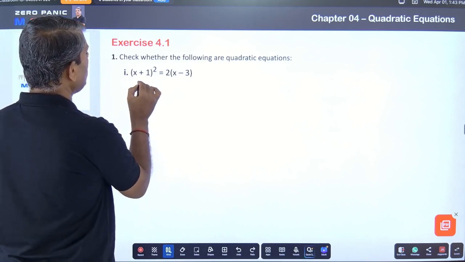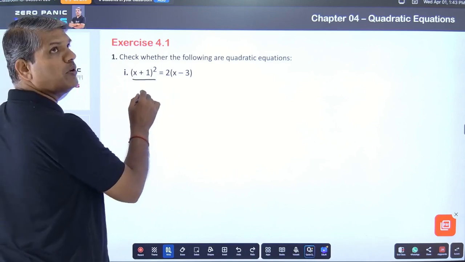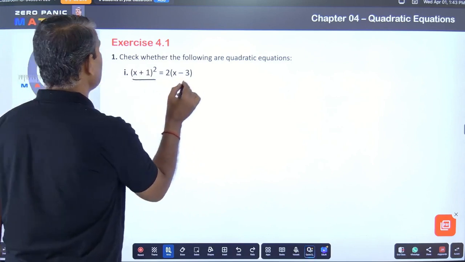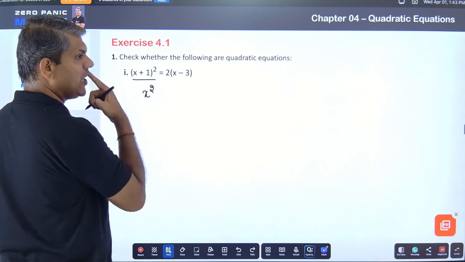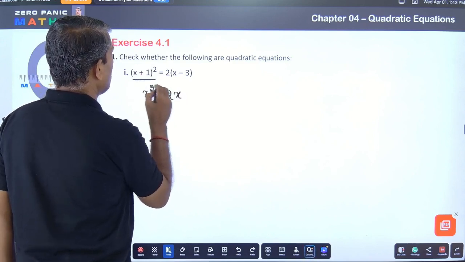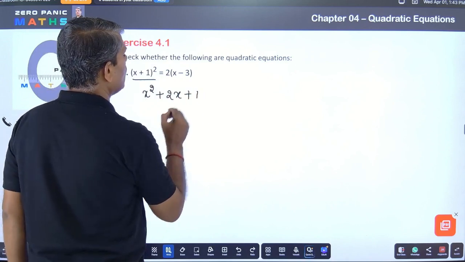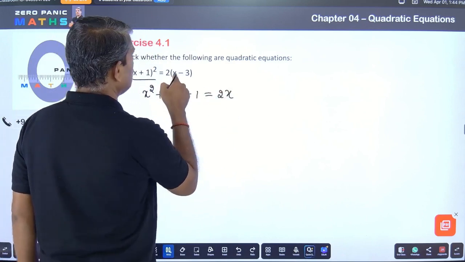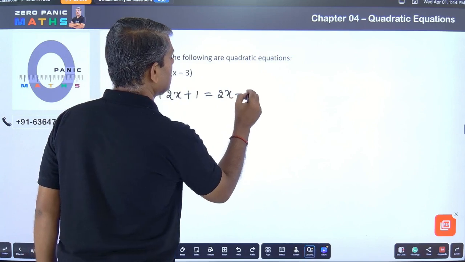This problem, if you see, is of the form a plus b whole square, which is a square plus 2ab plus b square. Let me write that in that format. a square is x square, 2ab, a is x and b is 1, so 2ab is 2x, b square is 1 square, which is 1, is equal to 2x, on the right side 2 into x, 2 into 3, that is minus 6.